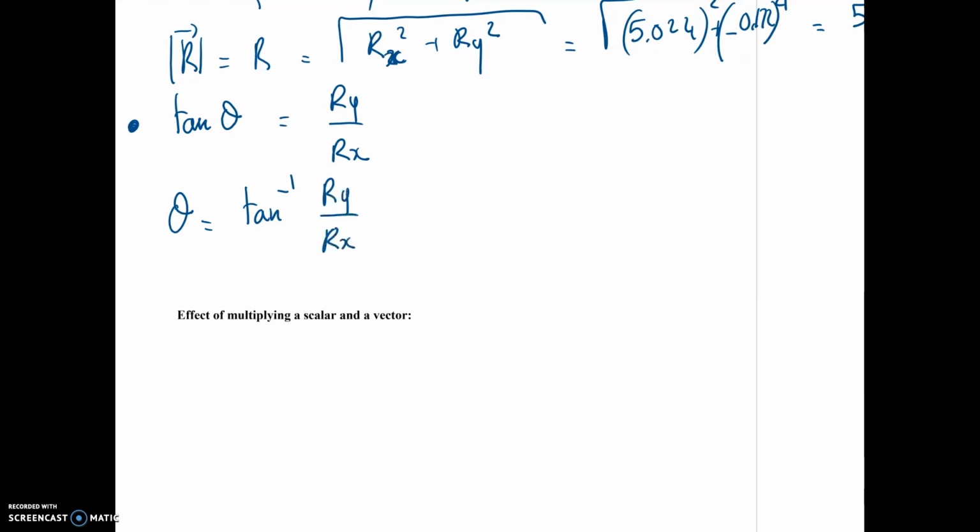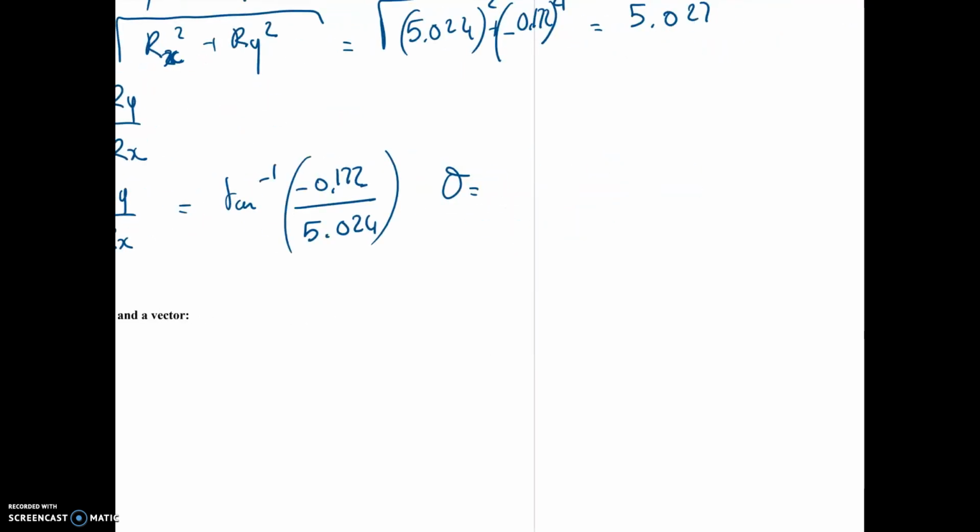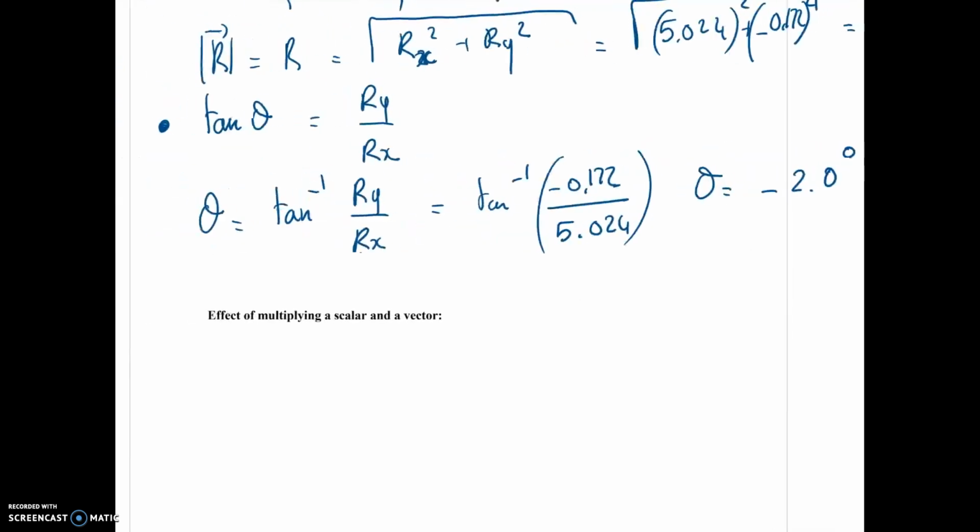I substitute the values, and I end up with tangent to the negative 1 of negative 0.172 divided by 5.024, and end up with a theta equal to negative 0.20 degrees, which is 358 degrees.